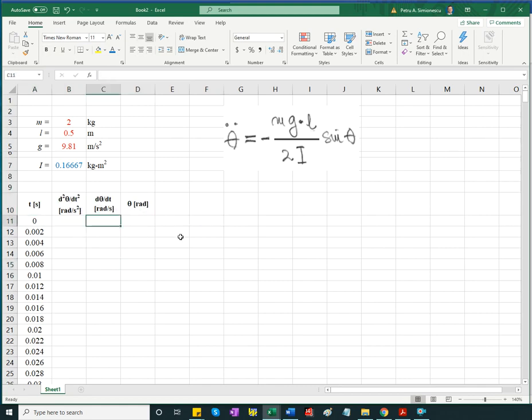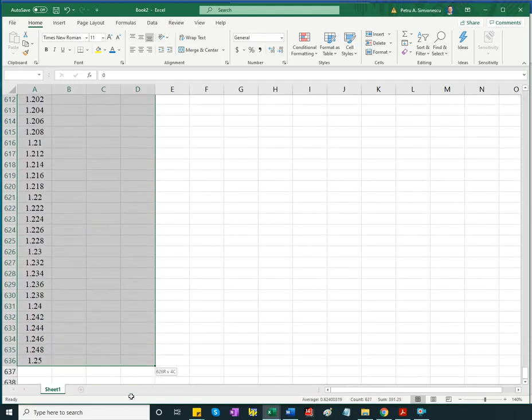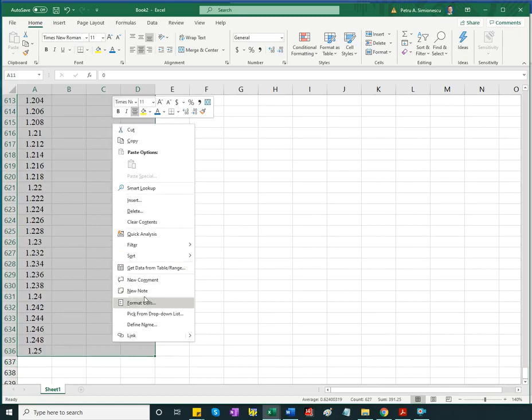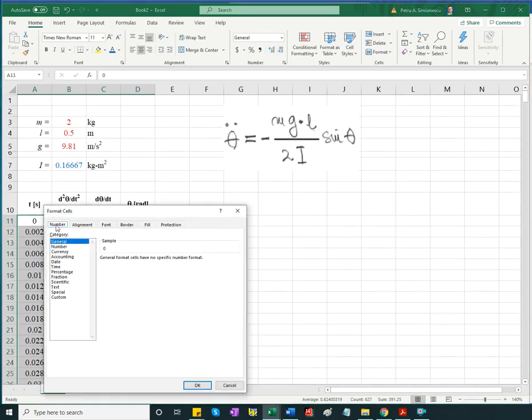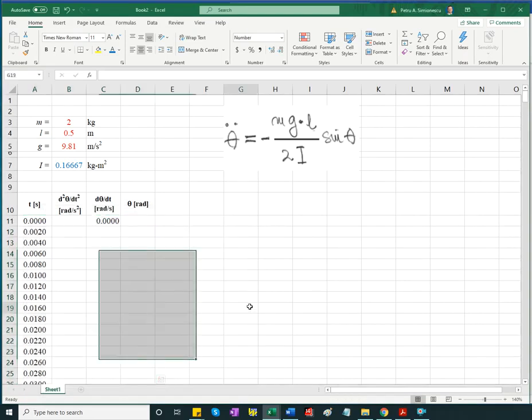I said initial conditions now. So at t equals 0, the time derivative, the angular velocity of the rod is 0, and then let me format just a little bit. This is going to be format cells, and I have number, and let's go with 4 decimals.